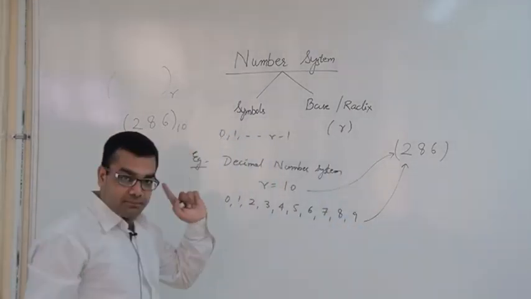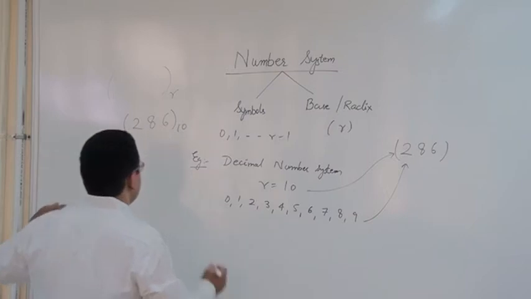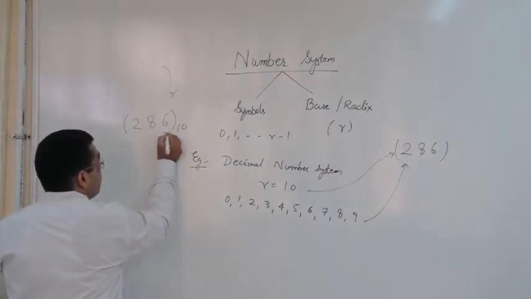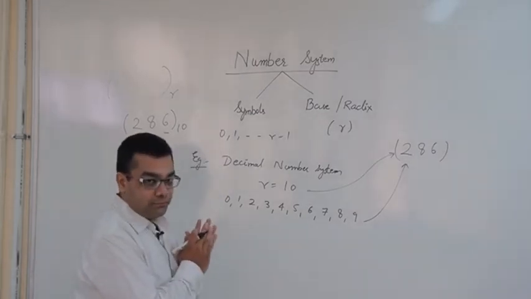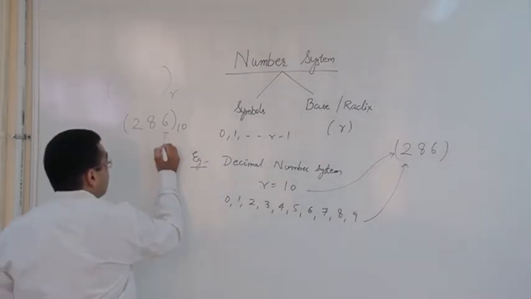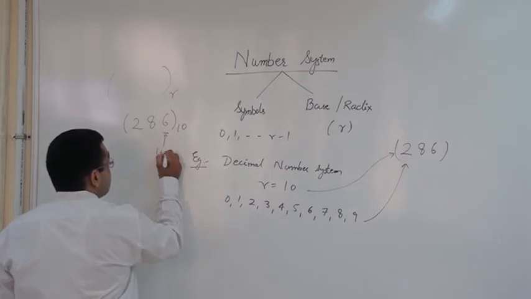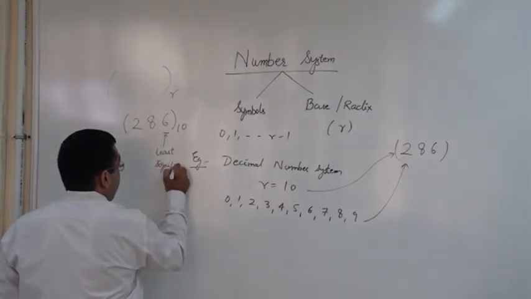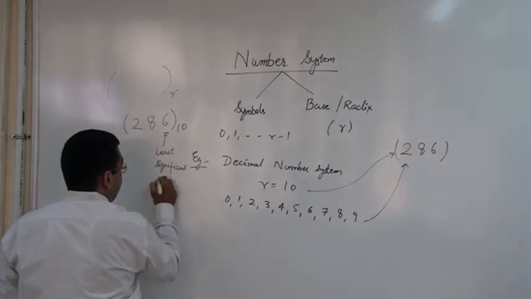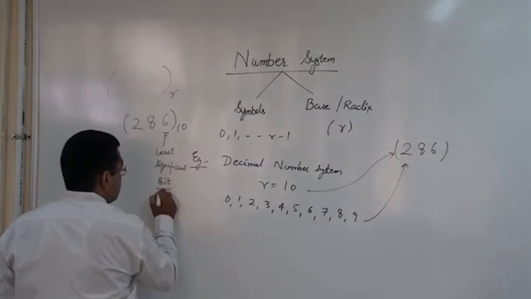Now what is the importance? The digit that is to the extreme right, obviously before the decimal point, is called the least significant bit or digit.